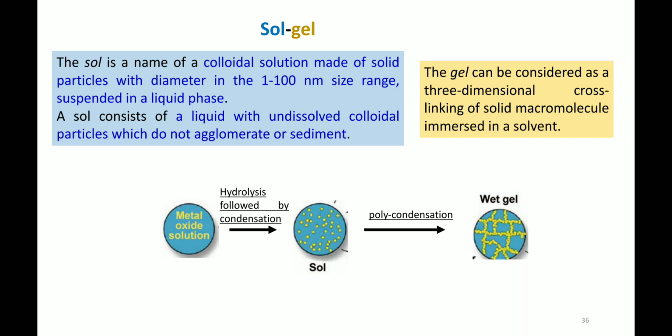If the particles come together by the process called polycondensation, then what we get is a three-dimensional cross linking of these solid macromolecules, and of course the liquid remains there. If this is the state, then we call this a wet gel, because a large amount of liquid is there.